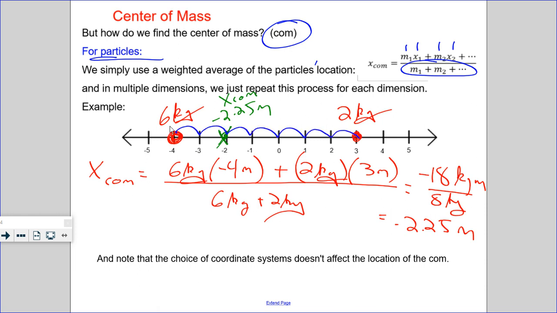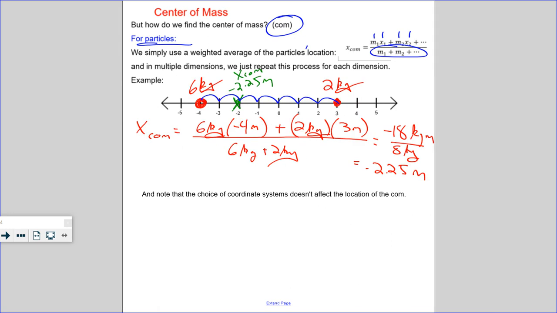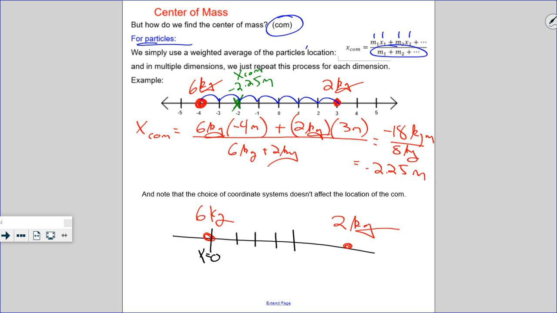So the other way we could have done this is we could have said, all right, I've got a 6 kilogram thing here, and a 2 kilogram thing here, and we want to find the center of mass. So let's make our own number system. Let's call this a position of 0, and then we'll just go 1, 2, 3, 4, 5, 6, 7, and do our weighted average again.